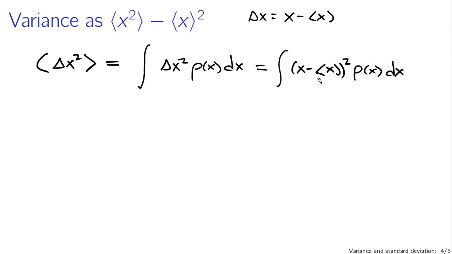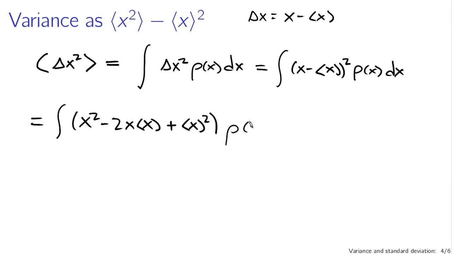I can expand this out, and I'll get the integral of x squared minus 2x expected value of x plus expected value of x quantity squared, rho of x dx. And now I'm going to split this integral up into three separate pieces. First piece, integral of x squared rho of x dx.